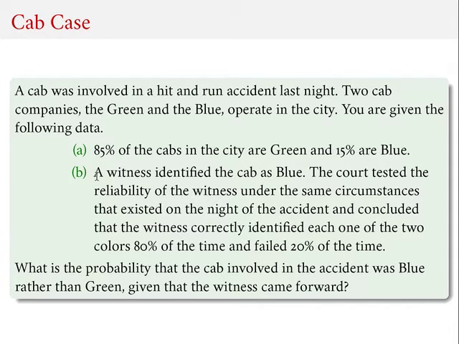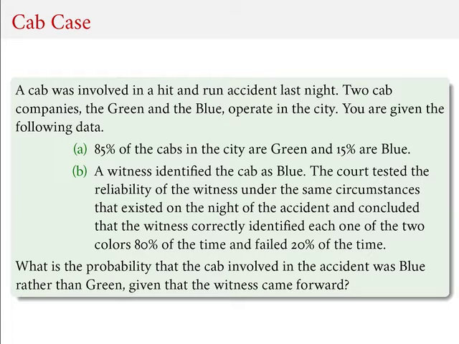So given this information about the cabs in the city and this witness who said that it was blue, and this information about the reliability of the witness, we might ask the following question. What is the probability that the cab involved in the accident was blue rather than green, given that the witness came forward and said it was blue?